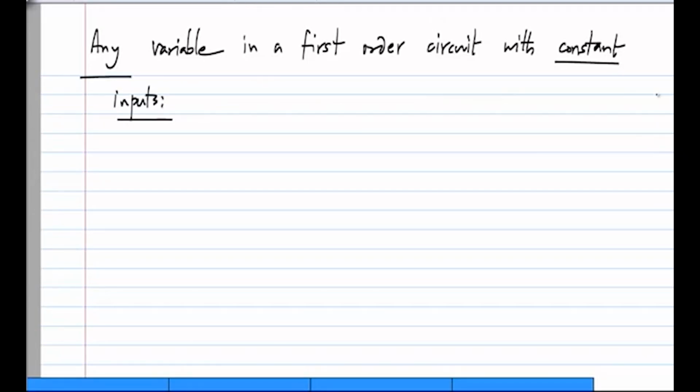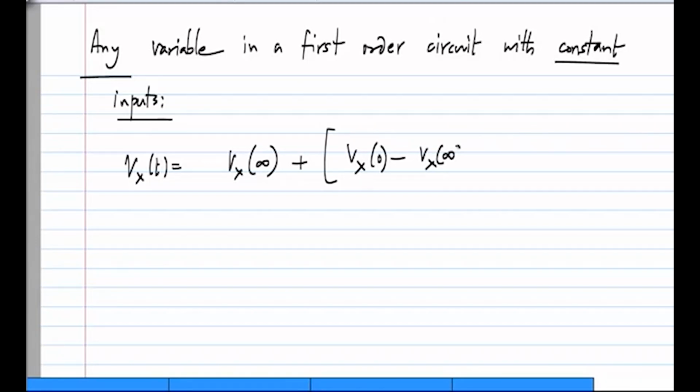The constant input part is important. Let's say at some voltage Vx, as a function of time, it will be the steady state value plus the difference between initial and the steady state values, which decays with time. Okay.